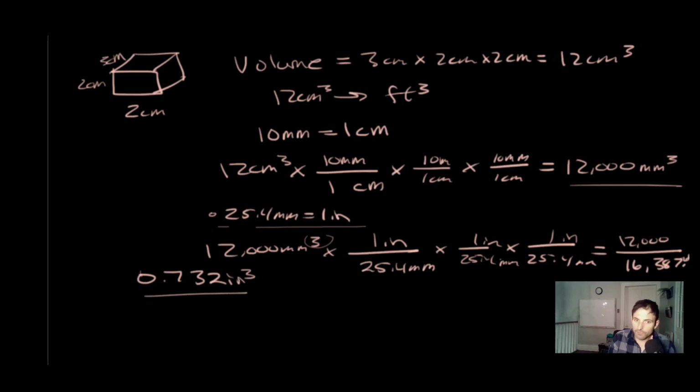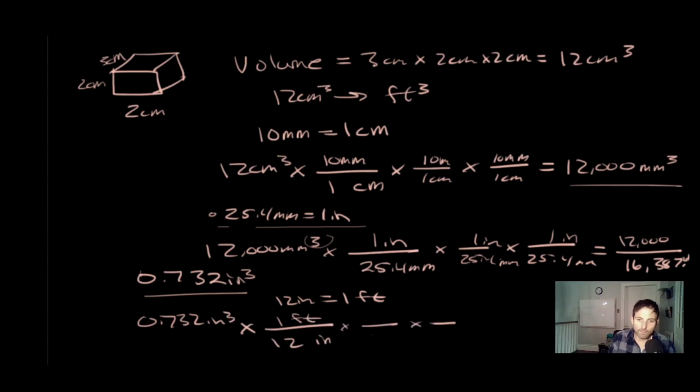What's my next conversion factor? I've got 12 inches equals 1 foot. So 0.732 inches cubed, hope you're catching on by now, times 1 foot over 12 inches. We're going to do that again and again.